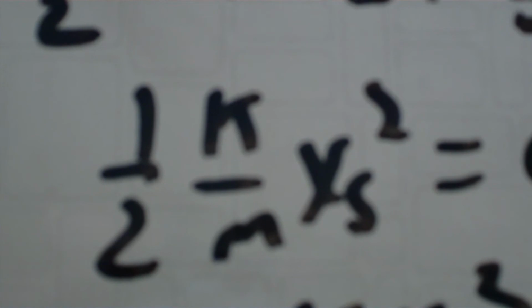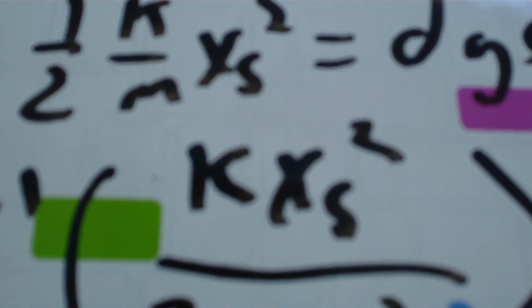So we put in that square root of K over M times XS and we square it all. That gives you that. And then we put in for h what h is, and that gives us dg sine theta. Then when we solve for theta, we divide by 2GD. That gives us K XS squared over 2GD.